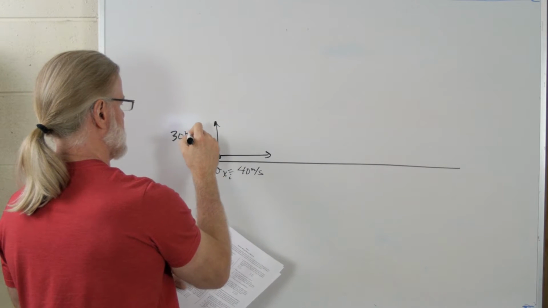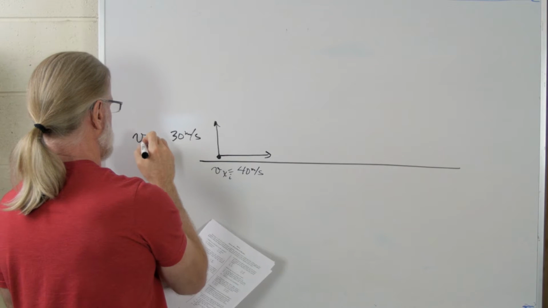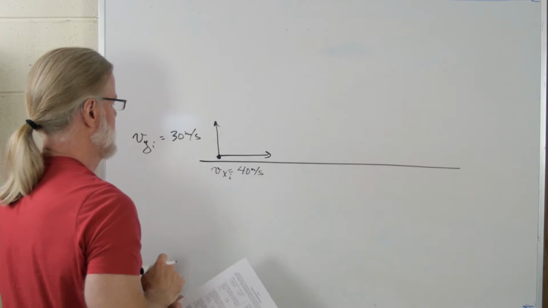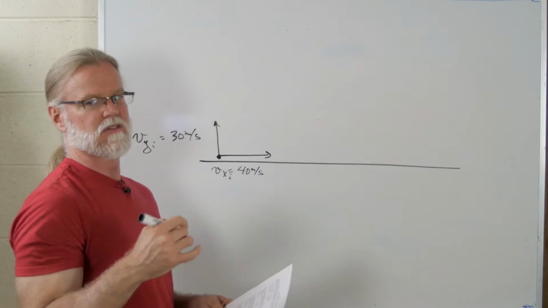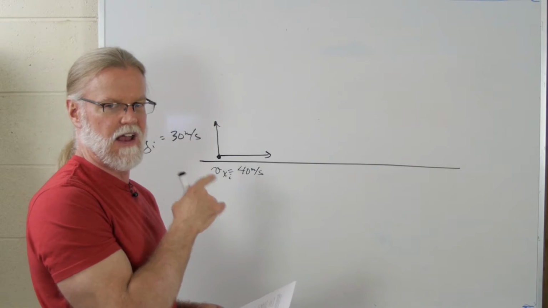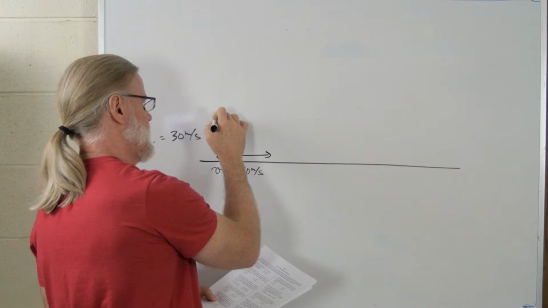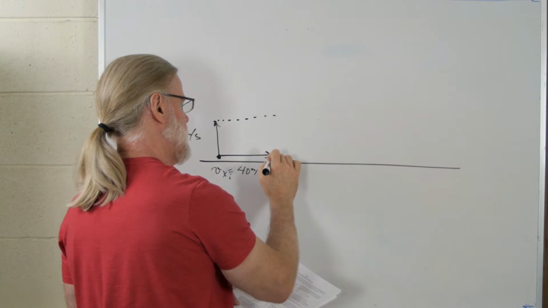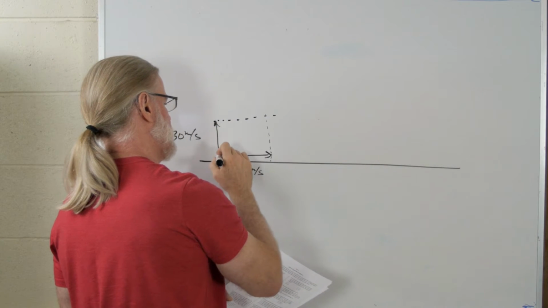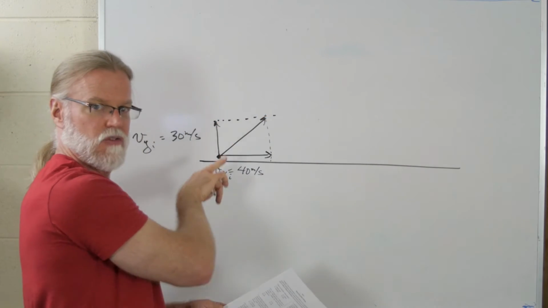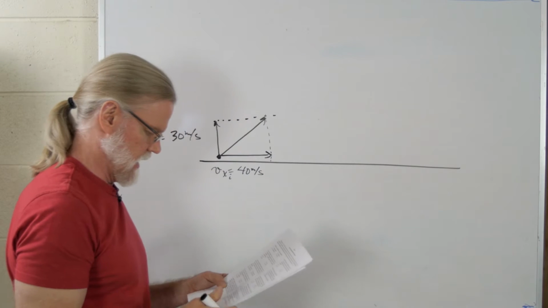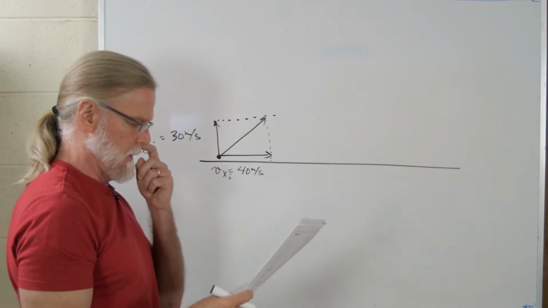Vy initial is 30 meters per second. These are all set up for vector addition, for the parallelogram method. We could add those up, and this would be our total velocity. So the ball was going like that. And of course, it's going to go parabolically, sort of like that.